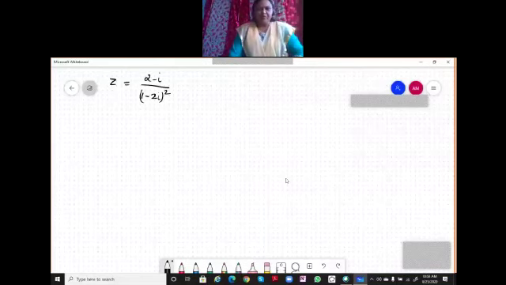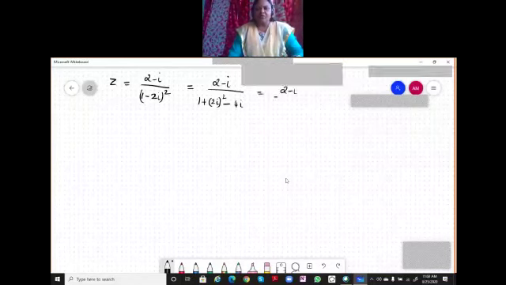Okay. So we can solve it in two ways. Let us expand first in the denominator. What is (1 minus 2i) whole square? Expand (a minus b) whole square. It will be 1 plus (2i) whole square minus 2 into 1 into 2i, which is nothing but 4i. So that is equal to (2 minus i) divided by 1 plus 2i whole square.